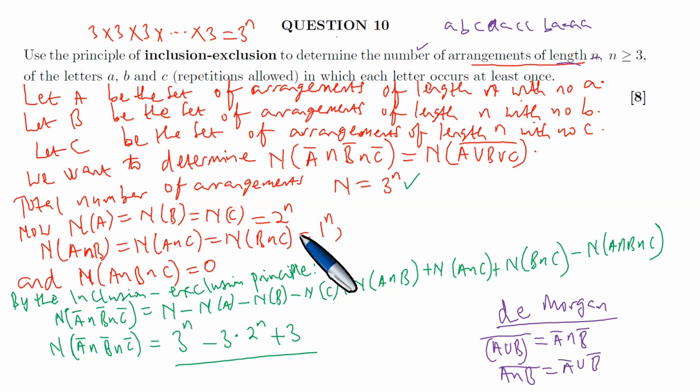And n(A intersection B intersection C) equals this.